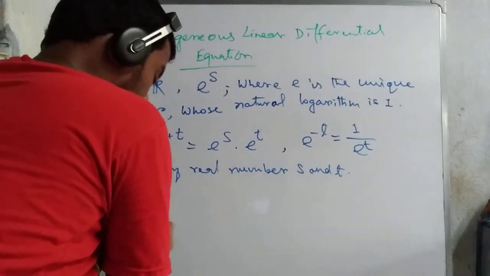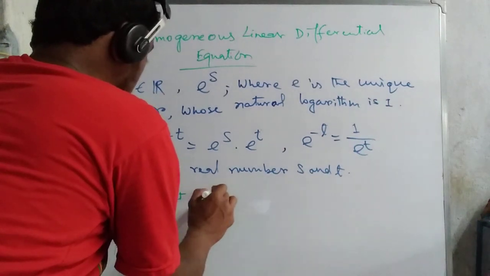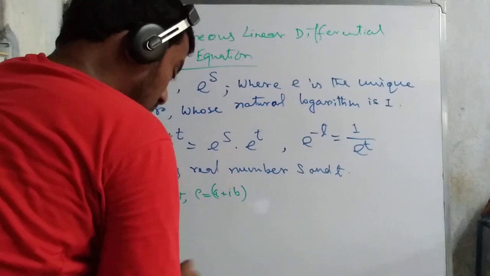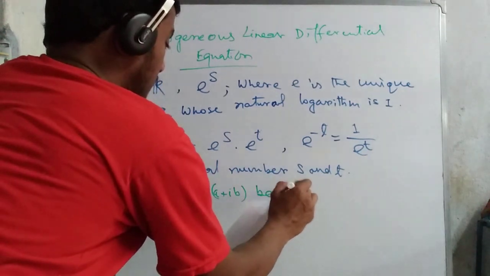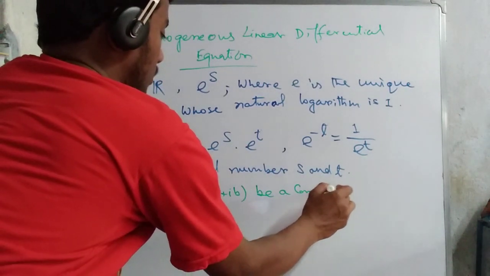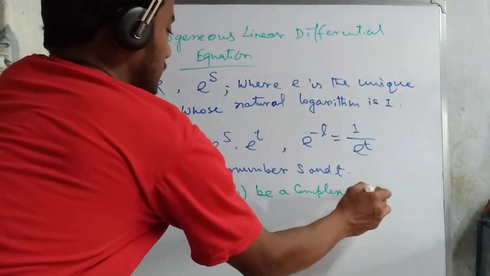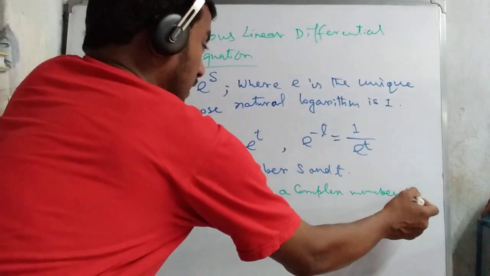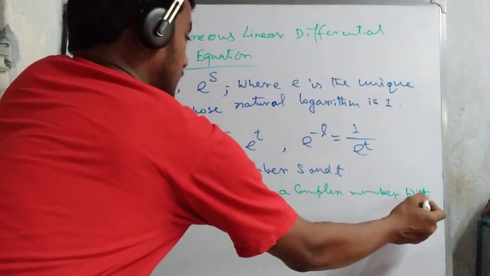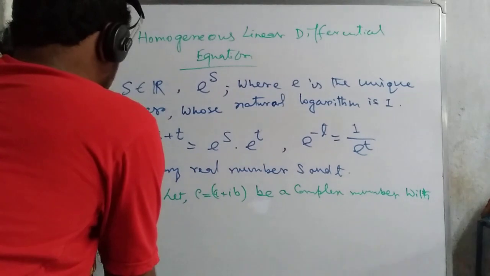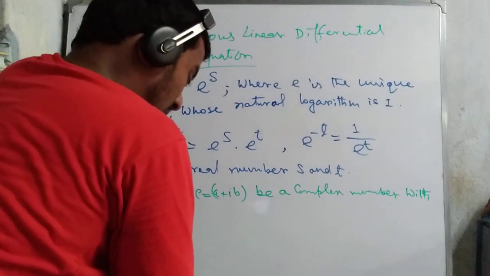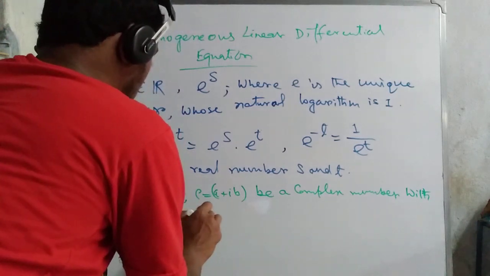Let c equal a plus ib be a complex number with real part a and imaginary part b.